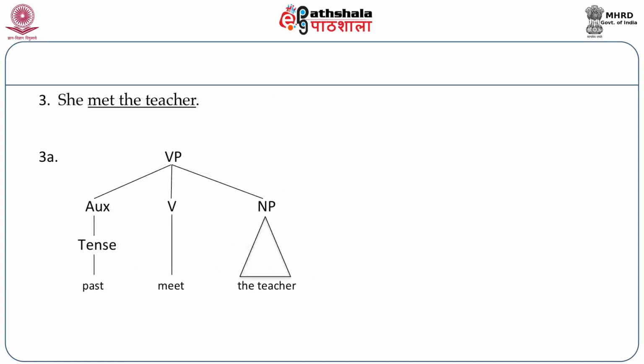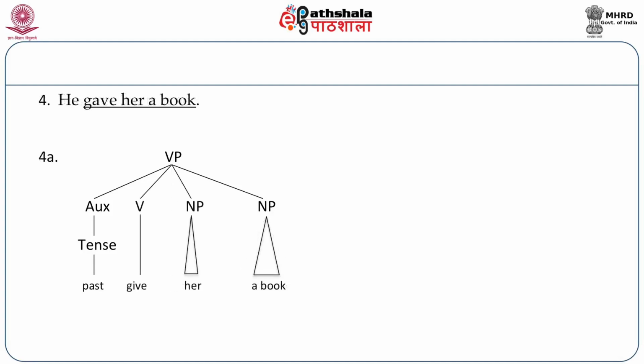Now let us look at some other verb phrases. "She met the teacher." Here we have a noun phrase after the verb. And now we have sentence 4, which is a sentence where there is a ditransitive verb like give.